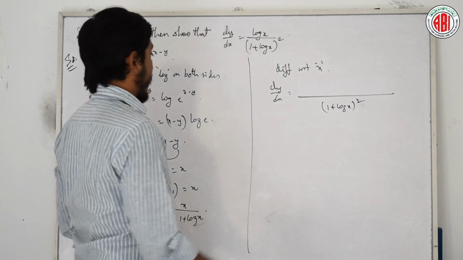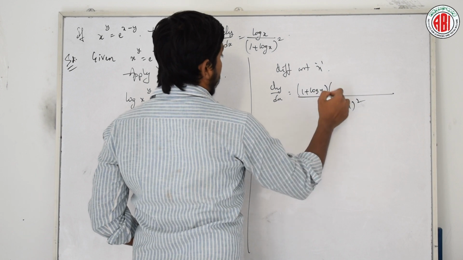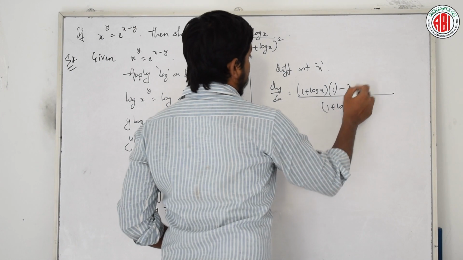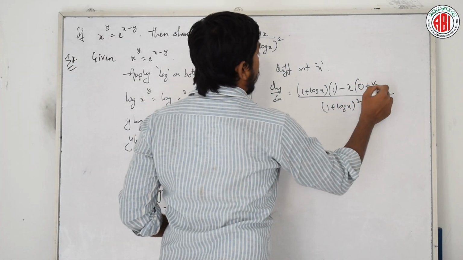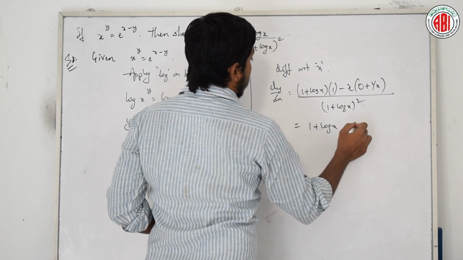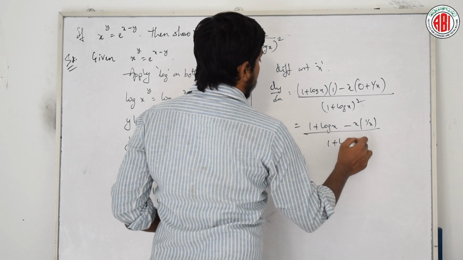And the next is v u dash. v is 1 plus log x into 1, minus u v dash. u is x. Differentiation of 1 is 0. Differentiation of log x is 1 by x, that is (1 plus log x) minus x into 1 by x, divided by (1 plus log x) whole square.